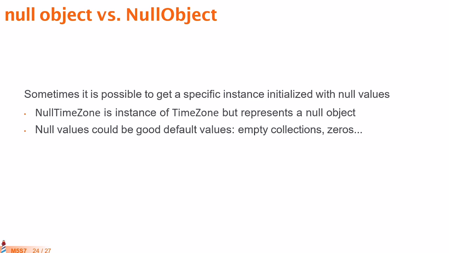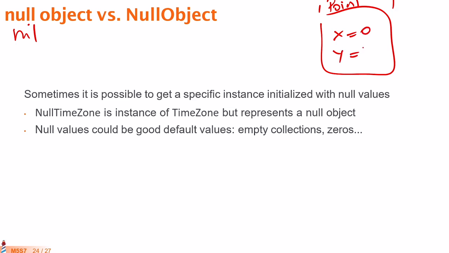Now some points about the difference between nil and the null object as a design pattern. Sometimes it is possible to initialize an object, like for example our point, with default values, for example null values. We could initialize the point in the initialize method with x equal to 0 and y equal to 0.